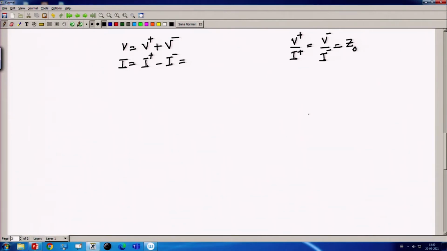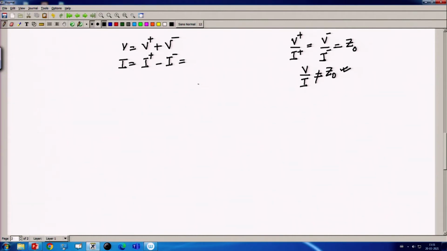This is the characteristic impedance. It must, however, be remembered that the total voltage by total current is not equal to Z0. This must be remembered. So, it is only the forward voltage by the forward current and the backward voltage by the backward current, they are related by this expression, but not the total voltage and total current waves.